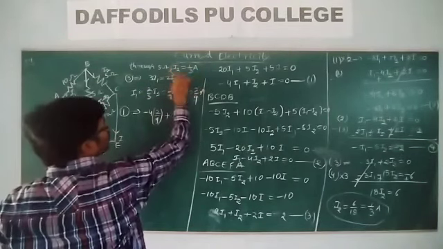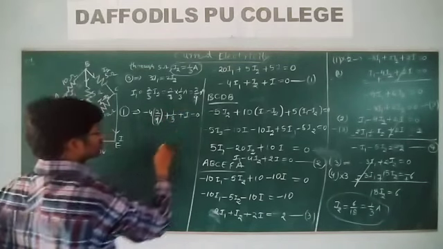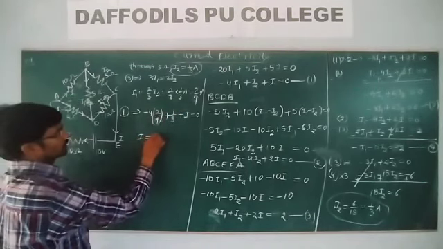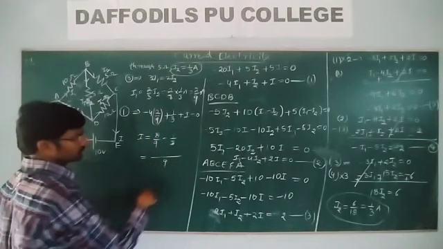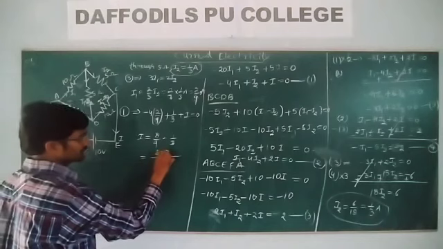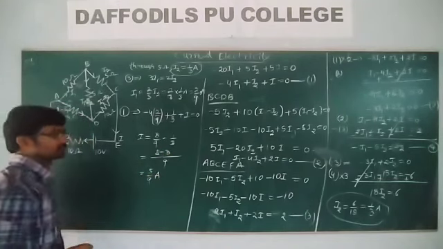I2 value is what? 1 by 3, plus I is equal to 0. Then I is equal to what again? 8 by 9 minus 1 by 9, which is 8 minus 3. So 5 by 9 ampere.